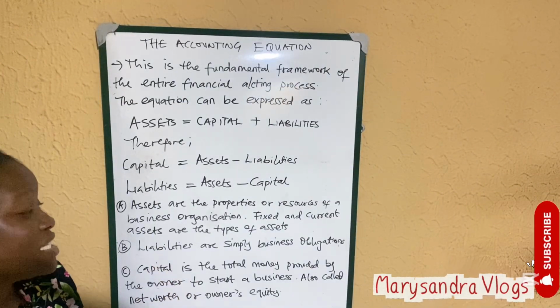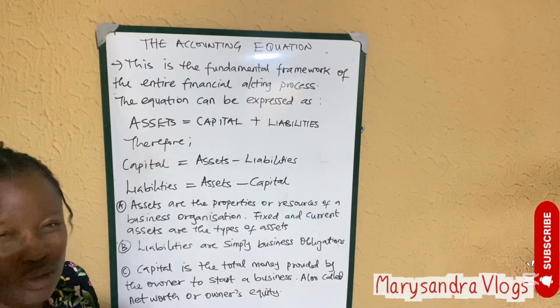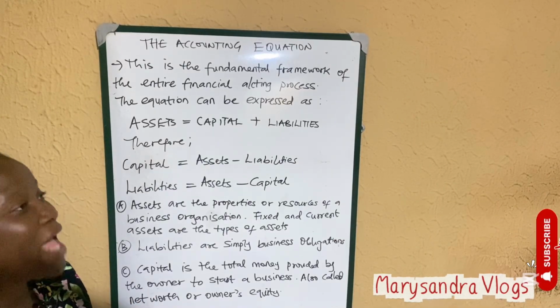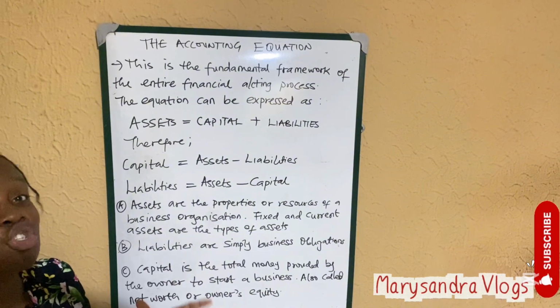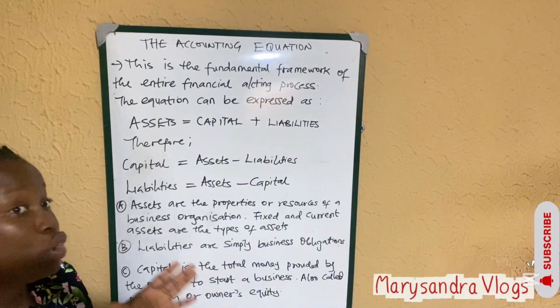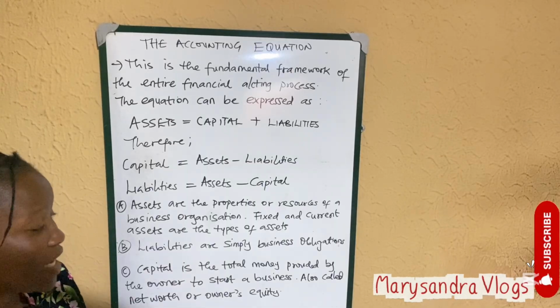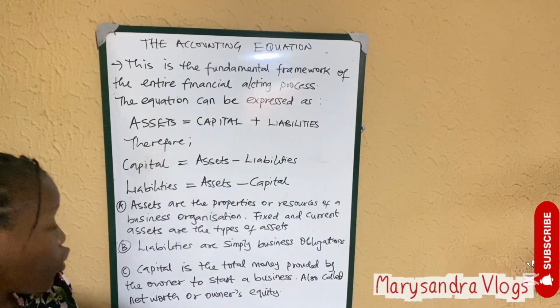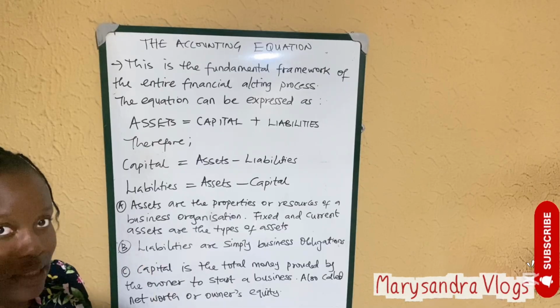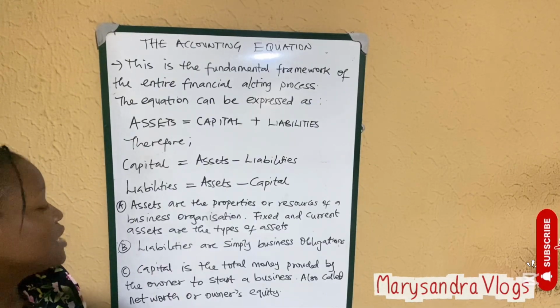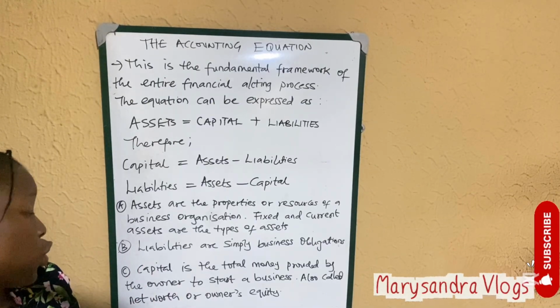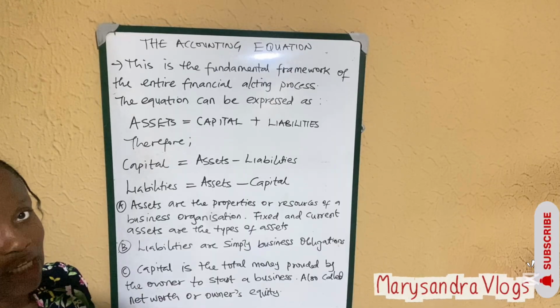We know that liabilities are simply business obligations, the people the business owes. And the liability can be short term or long term. Then we have also explained that capital is the total money provided by the owner to start a business. The money used in starting your business is called capital. It is also called net worth or owner's equity.